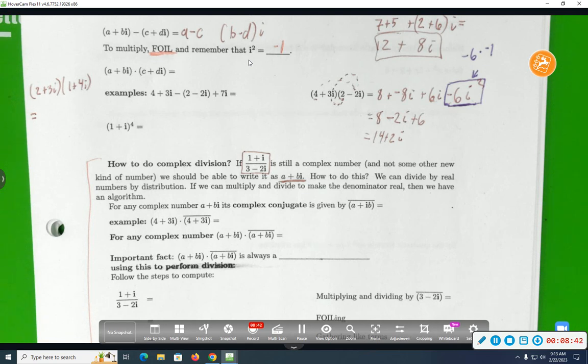If I just asked you to compute something like this, that's an easier thing to compute. Division distributes over addition. So this should be the same as that. So if we could get that denominator to become a real number, we could distribute and then we'd know the answer.